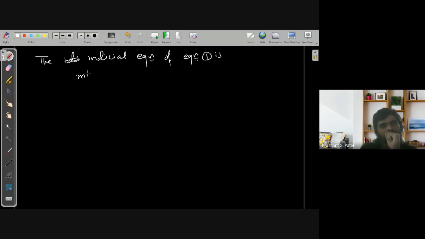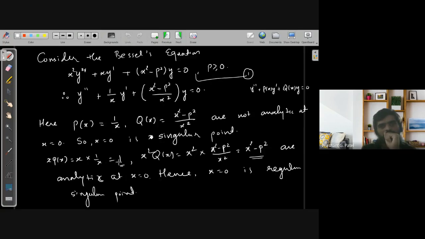As per the formula, it is m into m minus 1 plus m into p0 plus q0, where p0 is obtained when you expand x into p of x into the power series. So x into p of x will be 1, so it is p0 plus p1 x plus p2 x square and so on.